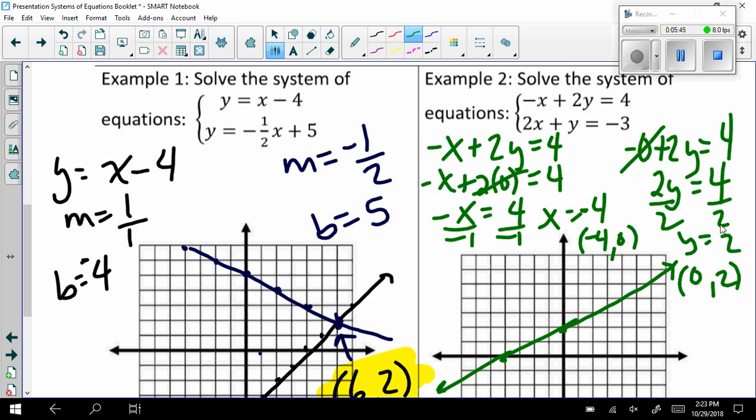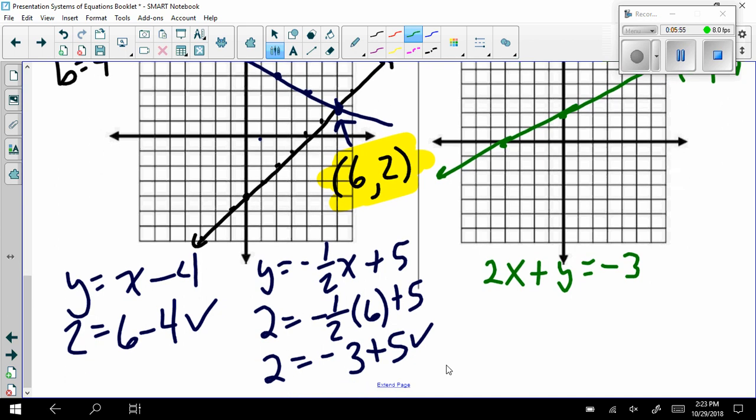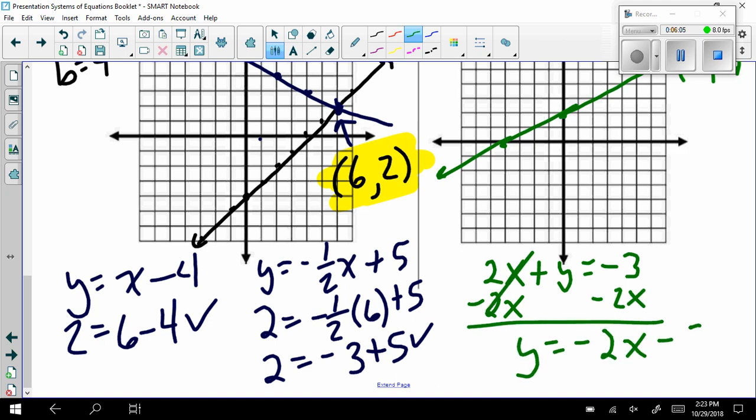My other equation, 2x plus y equals -3. I'm actually going to solve this one for y to get it into slope-intercept form, just because it's easy. It's less work.